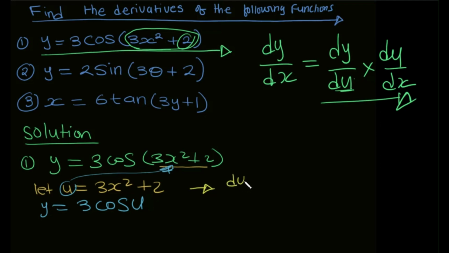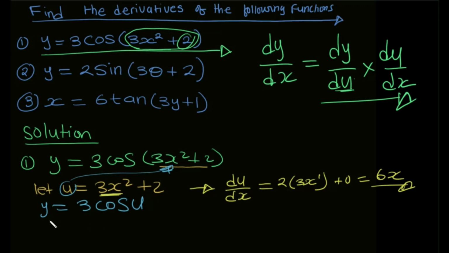That becomes du/dx, because the variable there is x. For the first term, we apply the power rule, so that becomes 2 multiplied by 3x to the power 2 minus 1, plus 0. And this finally becomes 6x. So that's the derivative for the first expression.